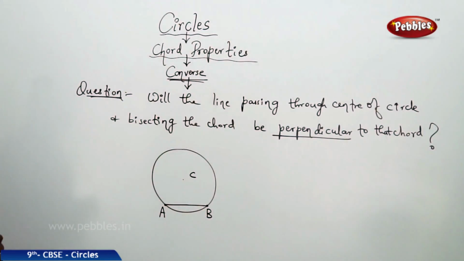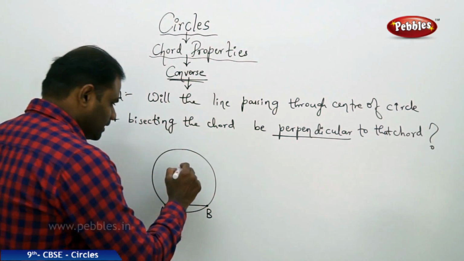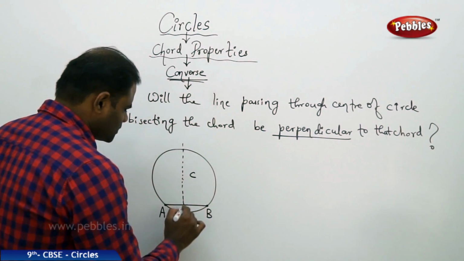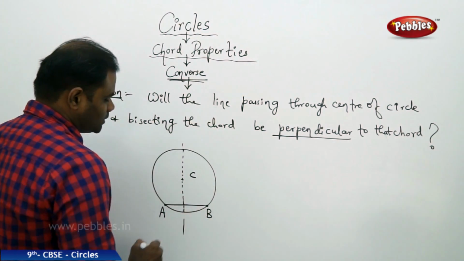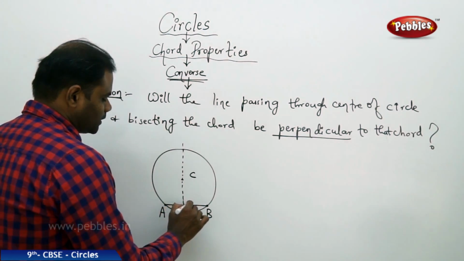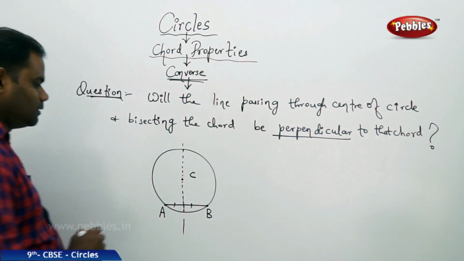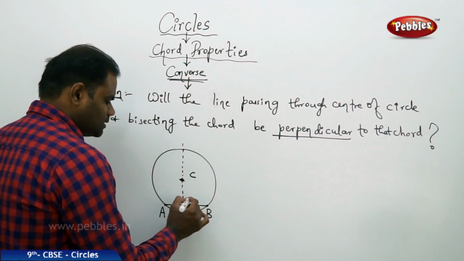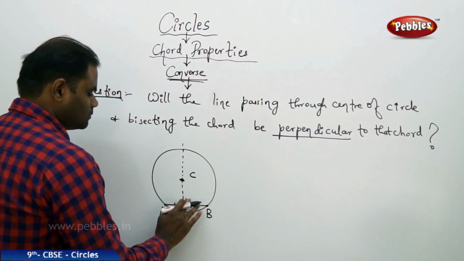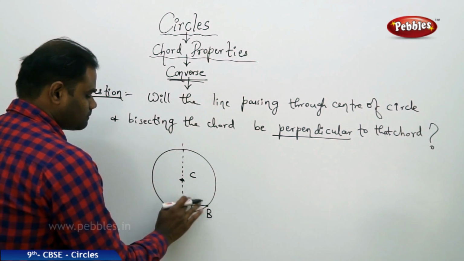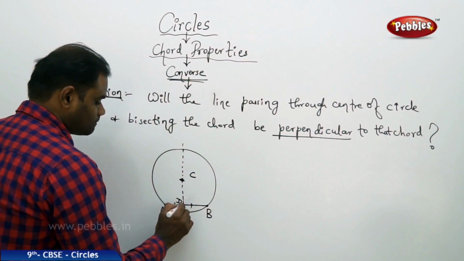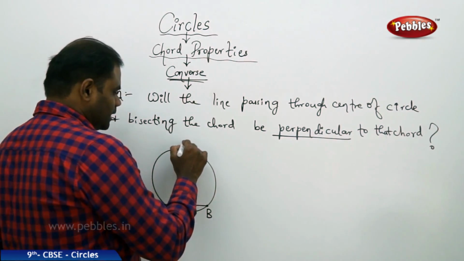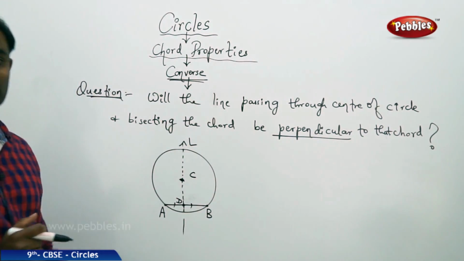And a line passes through the center of the circle in such a manner that it bisects the chord. Here it cuts at D. Now here, let me take the line L which passes through the center.